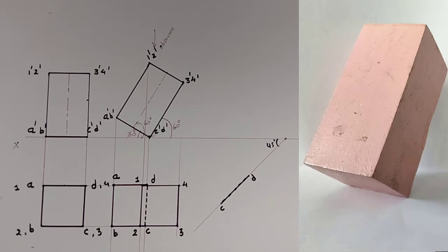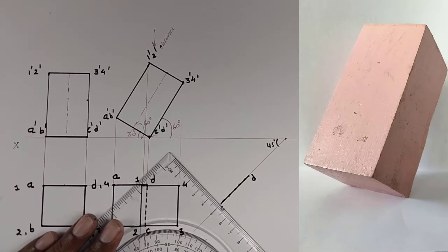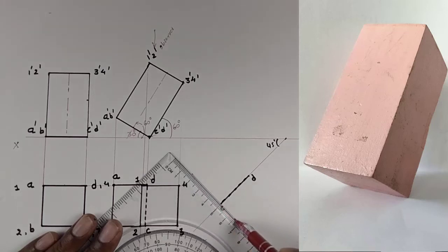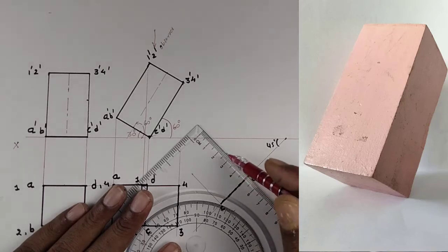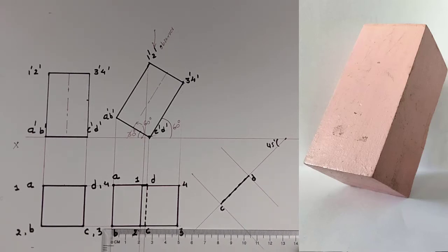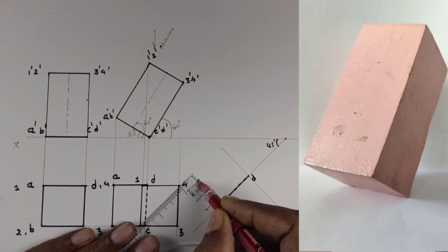Now we draw the vertical line perpendicular to CD as a light projection line. On this light projection line, we arrange our B and C points. So my BC is 25 mm from C. This is my B point.